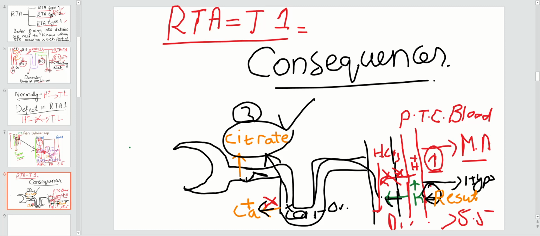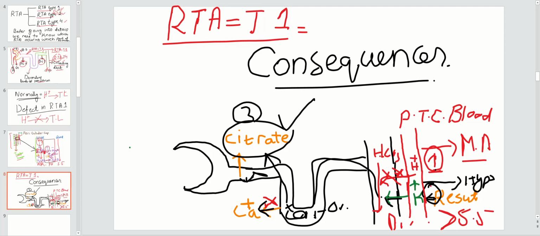So in renal tubular acidosis type 1, which happens in the distal convoluted tubule, you have a defect in the hydrogen ion excretion into the tubular lumen that leads to metabolic acidosis. Then you have increased bicarbonate in the urine, leading to alkalinity of the urine, pH greater than 5.5.